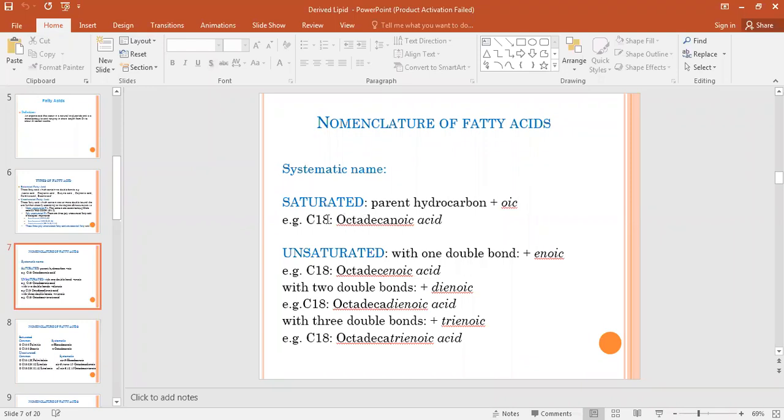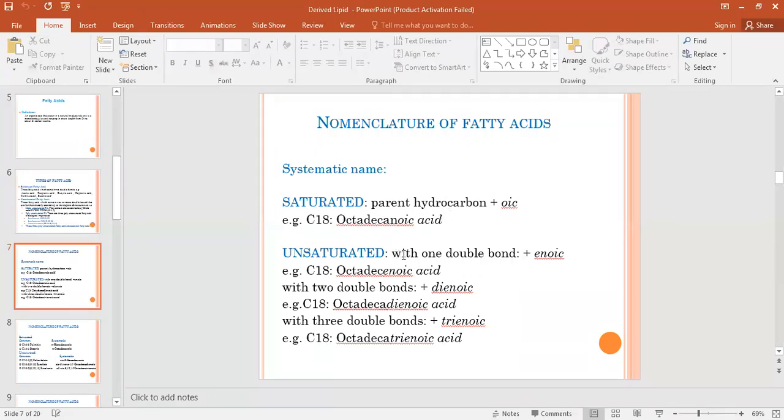Octadecane stands for 18 carbon atoms, while oic acid stands for the monocarboxylic acid. That's the 18 carbon containing fatty acid is named in the systemic system octadecanoic acid.